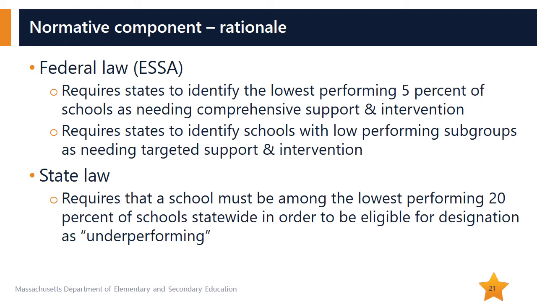It also requires states to identify schools with the lowest performing subgroups statewide. State law requires that in order for the department to identify a school as underperforming, the school must be among the lowest performing 20% of schools statewide. Both laws present an argument for using some sort of normative or comparative measure.